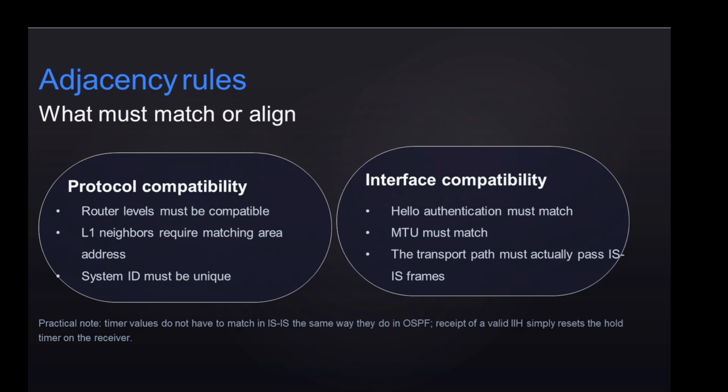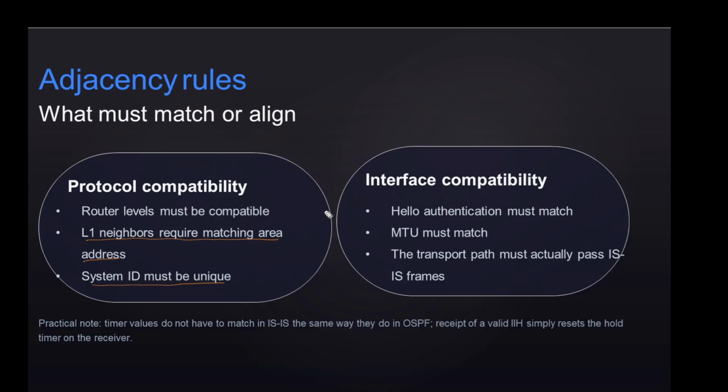So L1 neighbors require a matching area address, and the system ID must be unique in the area as well. For example, if we configure R1 with the system ID 0000.0000.0001, that system ID cannot be used on another router in that IS-IS domain.